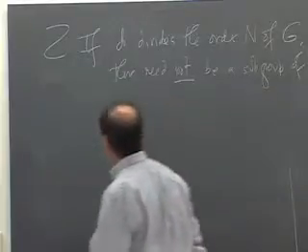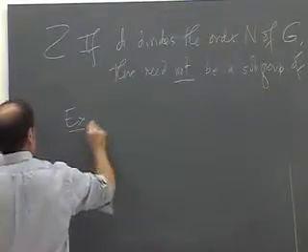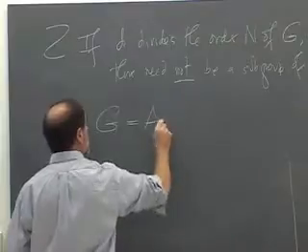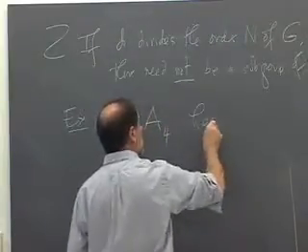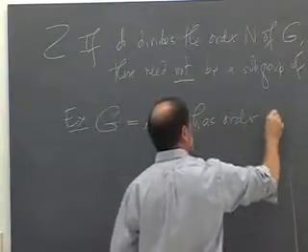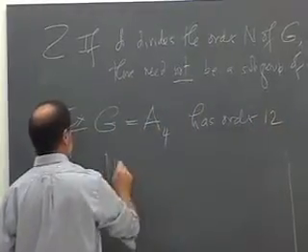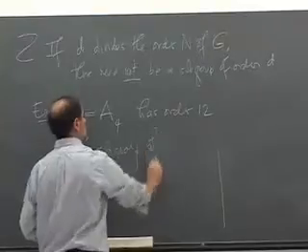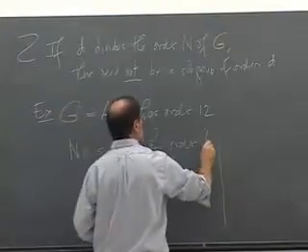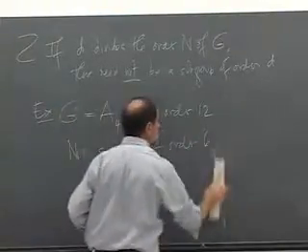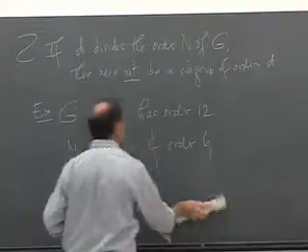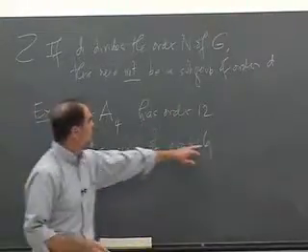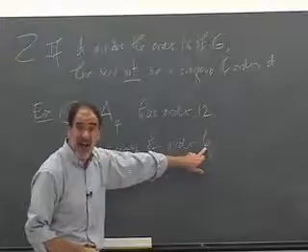And an example, if you take G to be the alternating group on 4 letters, it has order 12, but it has no subgroup of order 6.